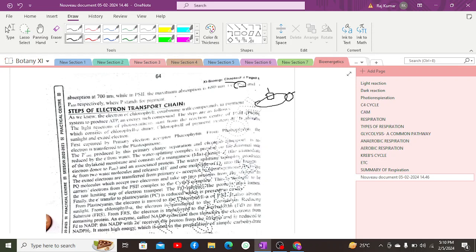So two electrons are released because chlorophyll here is in the dimer form.